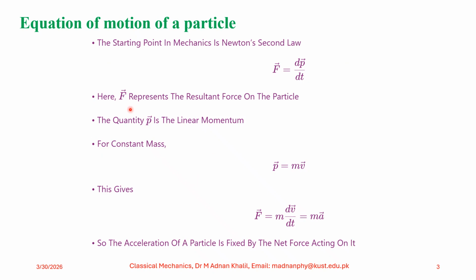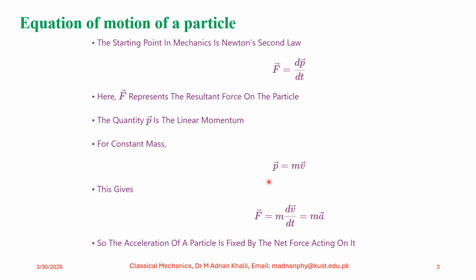According to this law, the net force acting on a particle is equal to the rate of change of its momentum. So we can write the force as dp by dt, where p represents the linear momentum of a particle. Since we are dealing with classical physics, the mass m remains constant during the motion.